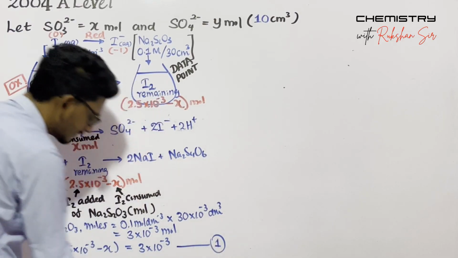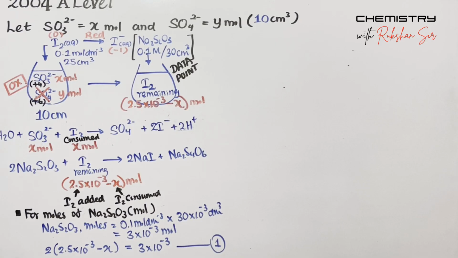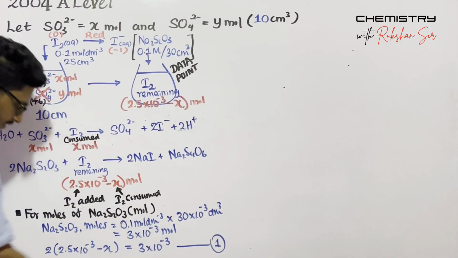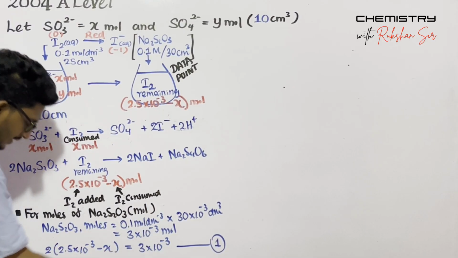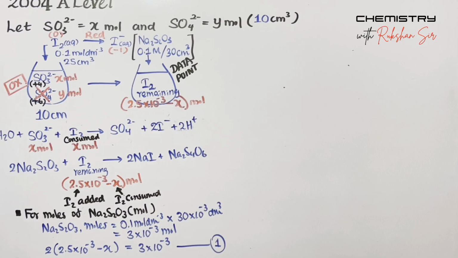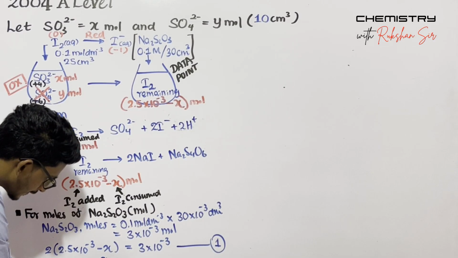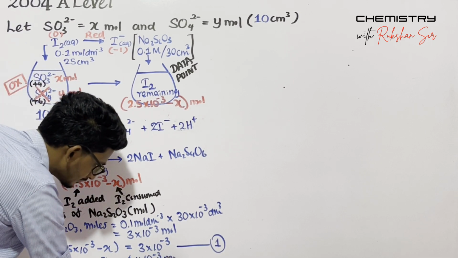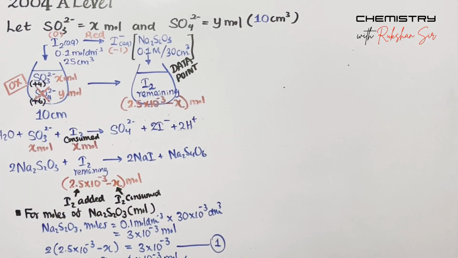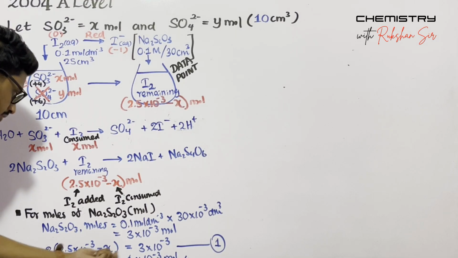We can solve that thing here as well. So that is going to be like you have 5 into 10 to the power minus 3 minus 2x is equal to 3 into 10 to the minus 3.